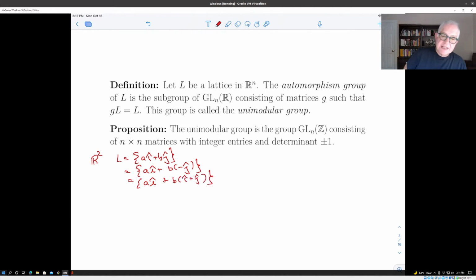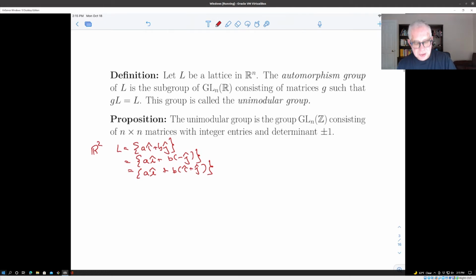All of these give the same lattice, because in this case, if I want ai plus bj, I just change the sign of b. And here, if I want just j, if I take b to be 1 and a to be minus 1, I get i plus j minus i. So j, I can get j in here. And if I look at the collection of points that I get in the end, they're all the same.